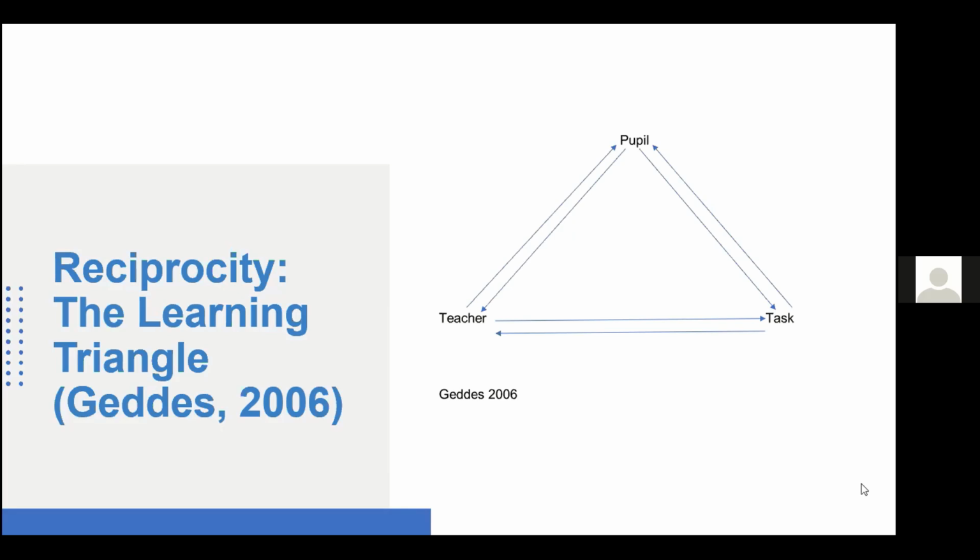In the classroom, we would see the task as being the new object or the experience. So that's what they're going off to engage with. And engaging with that task involves trusting the teacher to support their uncertainty and to resolve confusion if they encounter that. So the classroom and the teacher are essentially seen as the secure base for the child, whereas the task is the new experience that they are feeling confident enough to engage with.